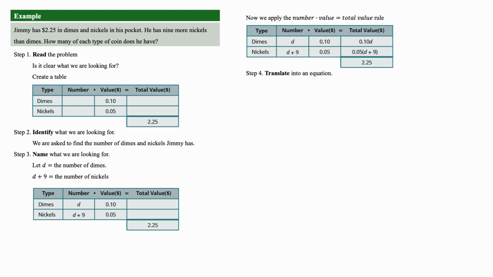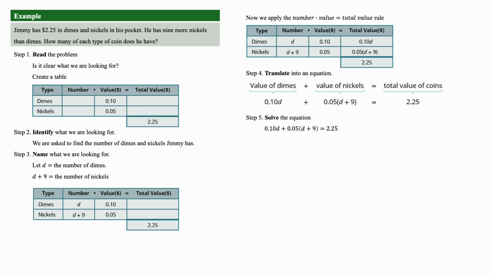So we're going to translate this into an equation where we have the value of the dimes plus the value of the nickels, which will just simply equal the total value of the coins. Let's just go back to simple algebra on that one. And then we have the values for each one of those underneath the brackets. And we are going to solve this equation. So 0.10D plus 0.05 times D plus 9 is equal to 2.25.